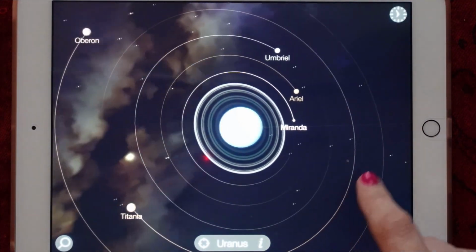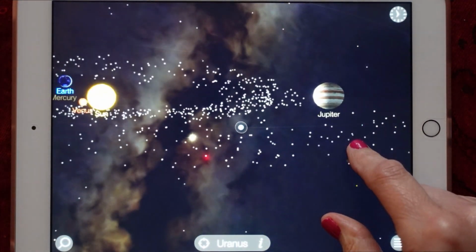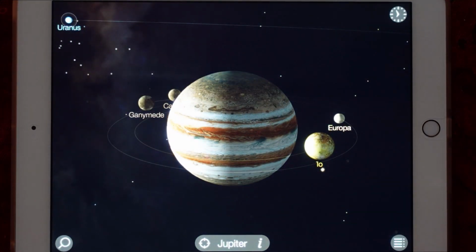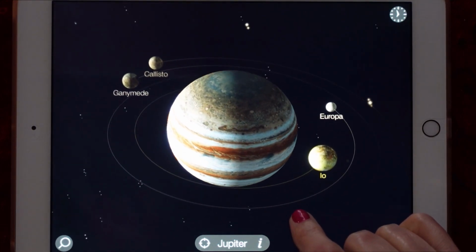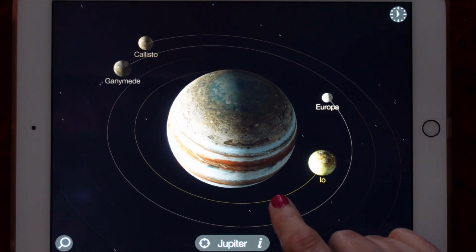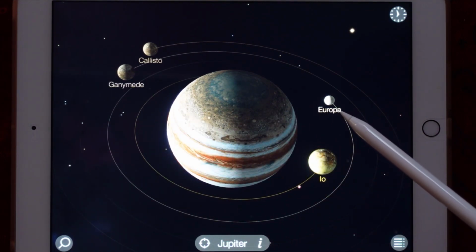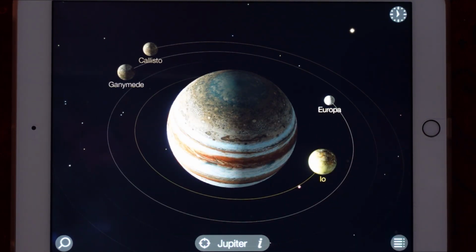Okay, so let us check out Jupiter. Now, Jupiter's moons are Ganymede, Callisto, Europa, Io.